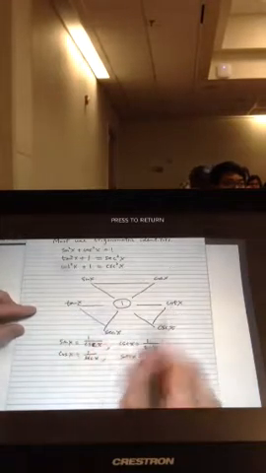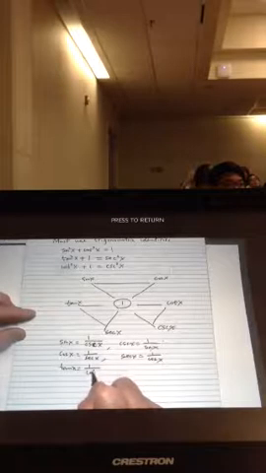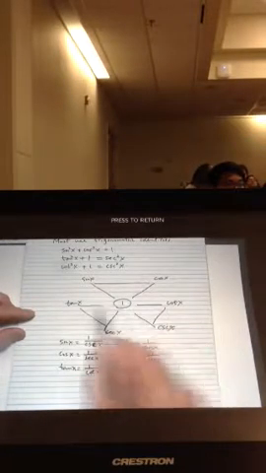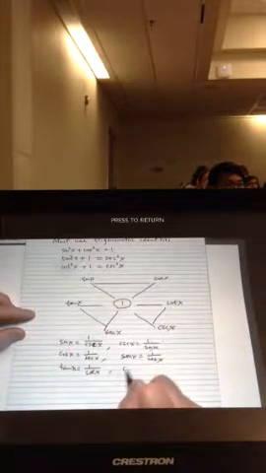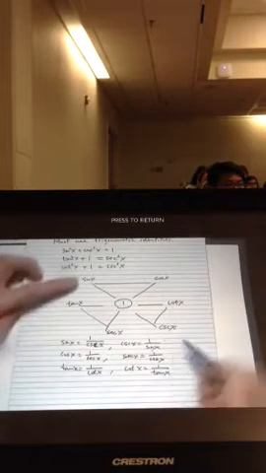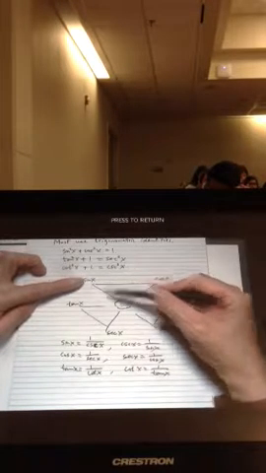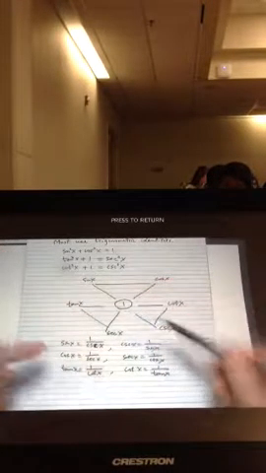And the tangent is 1 over cotangent. Cotangent is 1 over tangent. So the functions on the diagonal are reciprocal of each other.